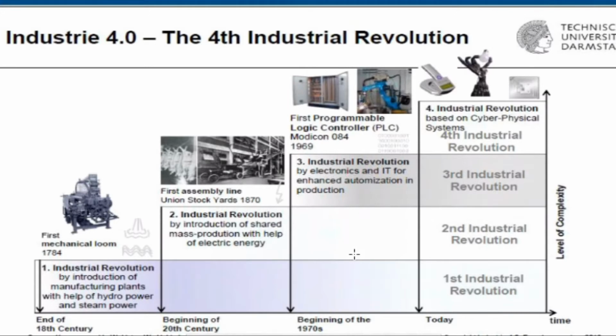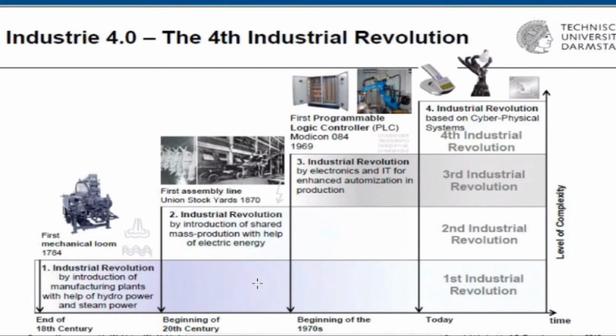The second block talks about the second industrial revolution, and what contributed to that was electrification. The rapid rise of electrification enabled industrialization and mass production.